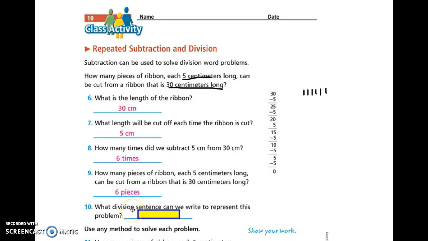Write a division sentence we can write to represent this problem. So now we know the division, right? If we did 30 divided by 5, what should our answer be? Yeah, it should be 6. 30 divided by 5 equals 6.